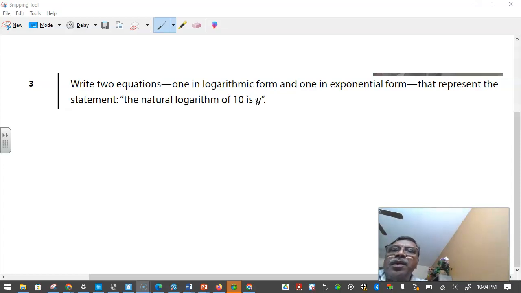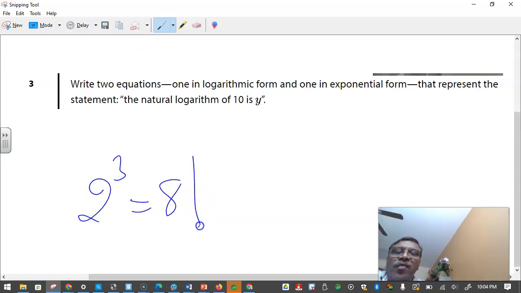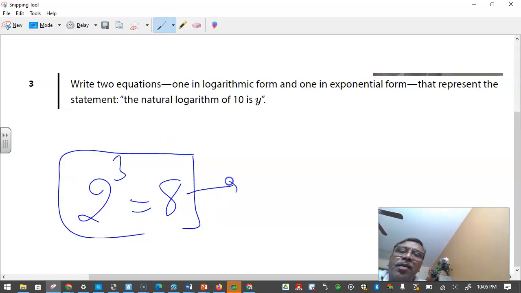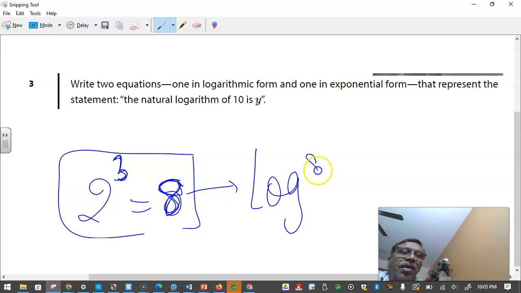So again, I repeat, in order to really get this correct, I want you to think of 2 raised to 3 is 8. Everybody knows, right? So that means when the input is 3 here, the output is 8. So we undo the thing and write logarithm. This 8, which is the output, becomes the input here.